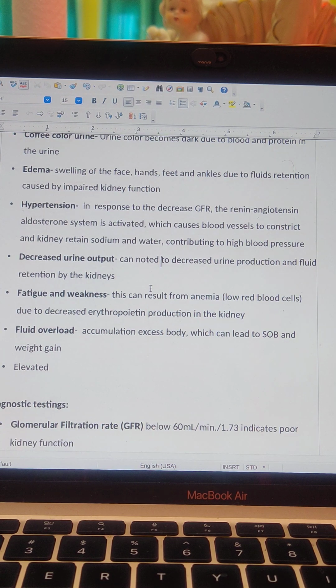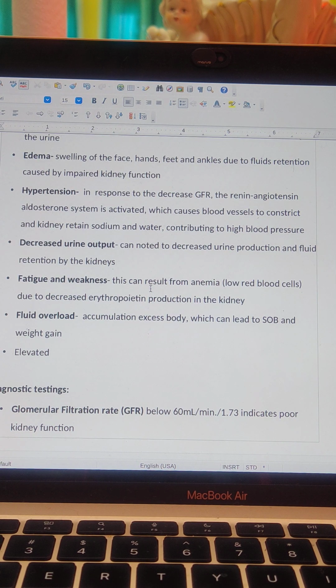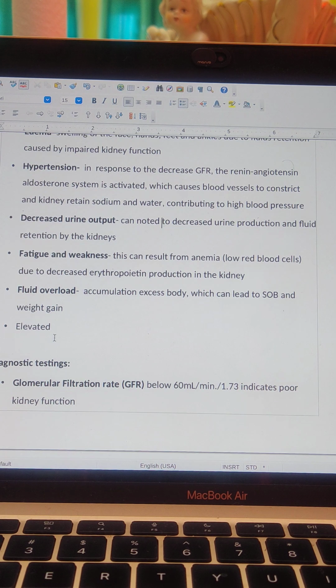Fluid overload: accumulation of excess fluid in the body can lead to shortness of breath and weight gain. What else?